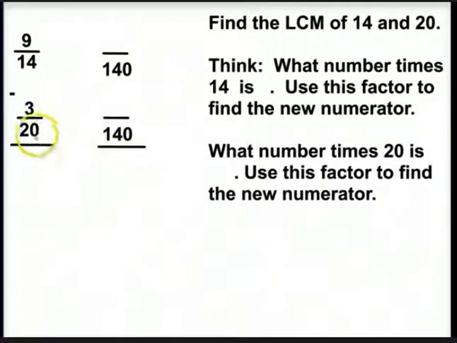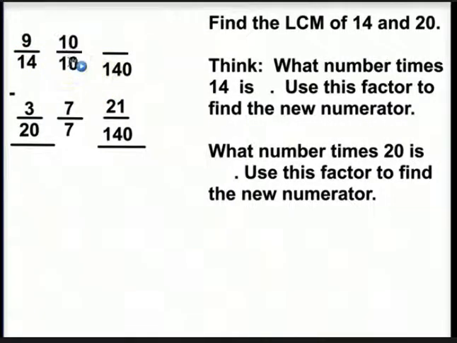So now you're going to think 20 times what number is 140? Well, I'm going to think 2 times what number is 14, and that would be 7. So 20 times 7 is 140. 3 times 7 is 21. 14 times what number is 140?